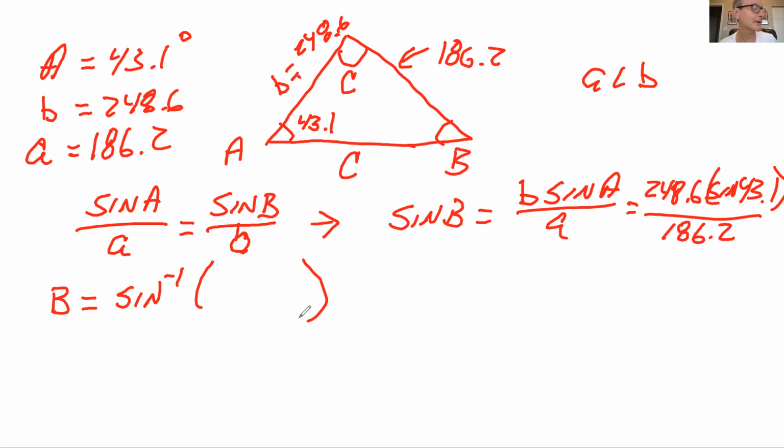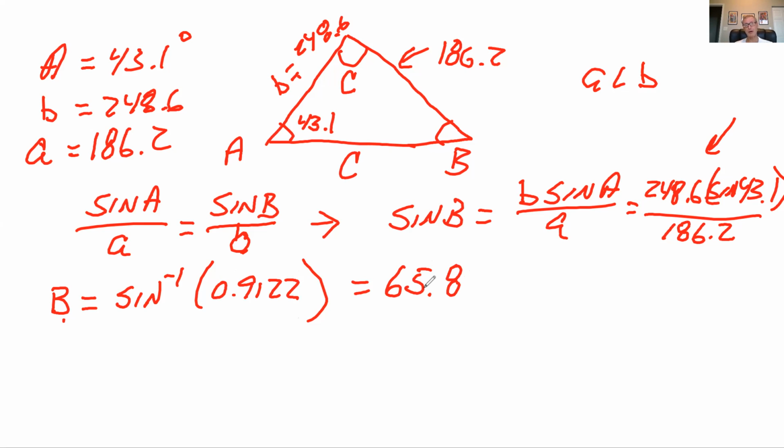If you get your calculator out and find this number, you would see it would be 0.9122. Then we take the sine inverse of both sides to calculate B. If you hit your calculator, it would be 65.8. Then you say to yourself, that should be the answer. And it is one of the answers.